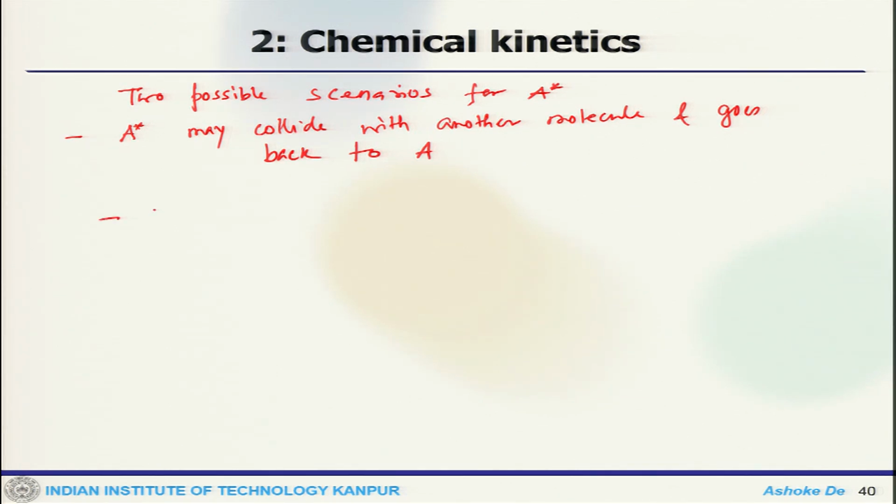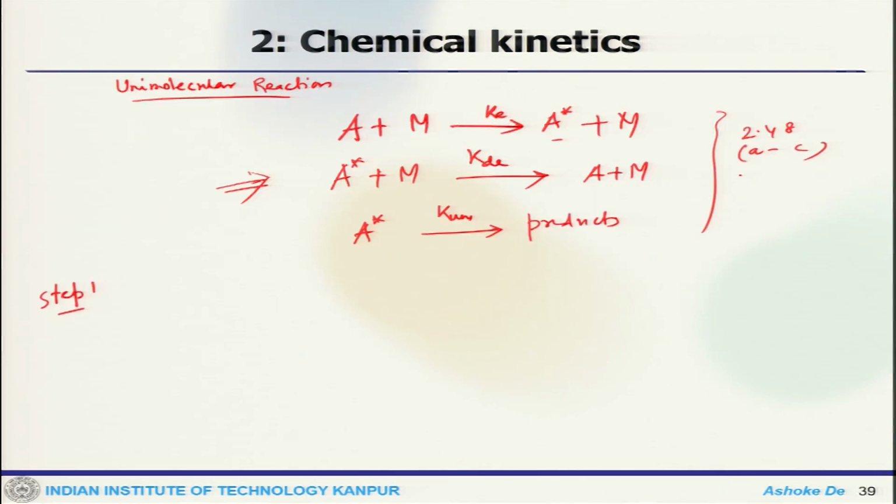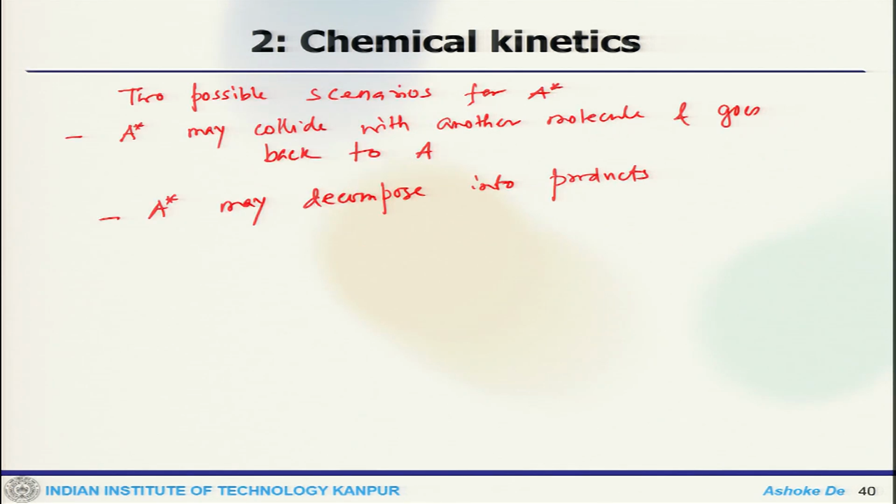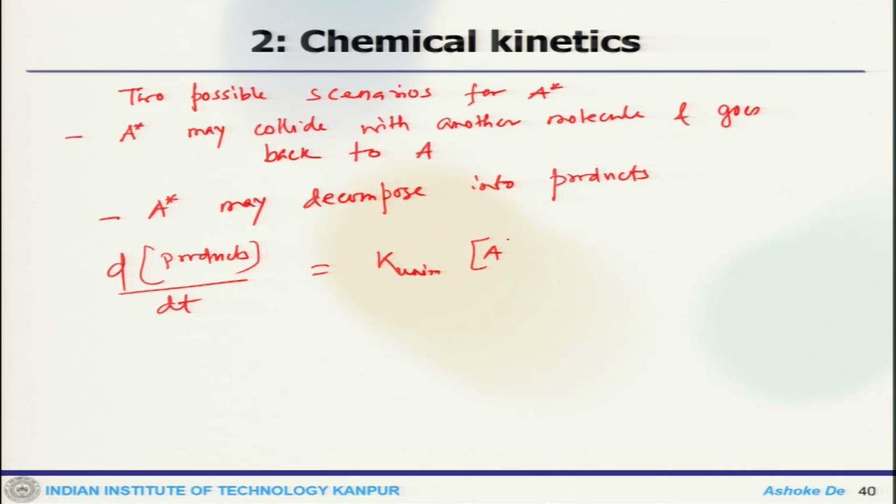Or what may possibly happen, A star may decompose into products, which is essentially this step, where A star actually decomposed to a product. Now, one can find out the rate at which the products are formed. So, this would be d products by dt equals to K unimolecular times A star.